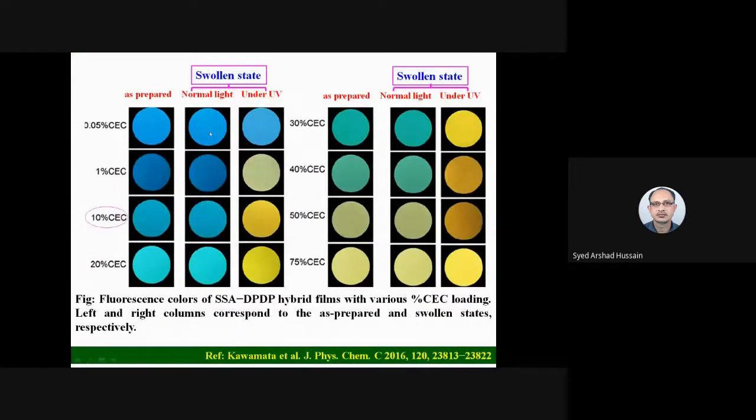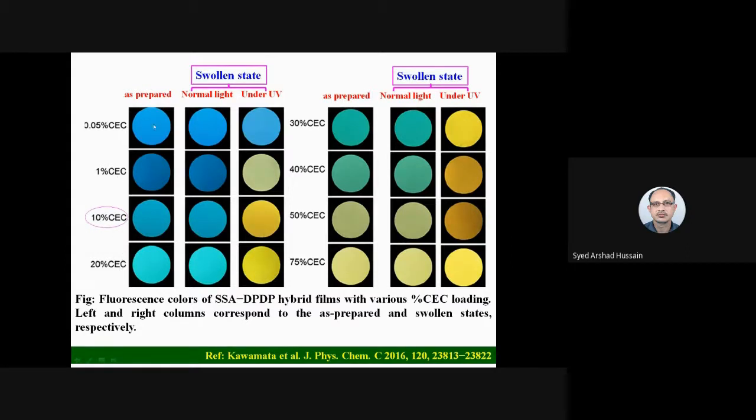So here, once we prepared the film, we recorded the image using a simple digital camera. Okay, so you see in the first column, these different images are for different concentrations of clay.